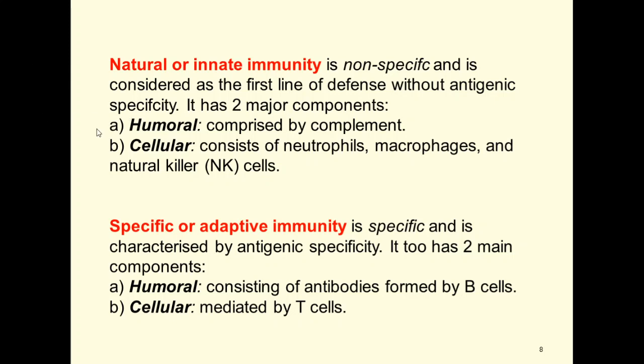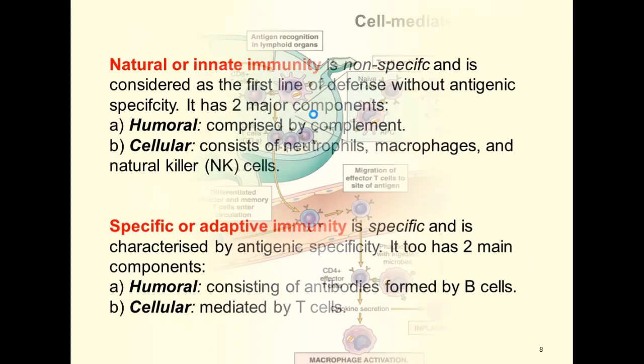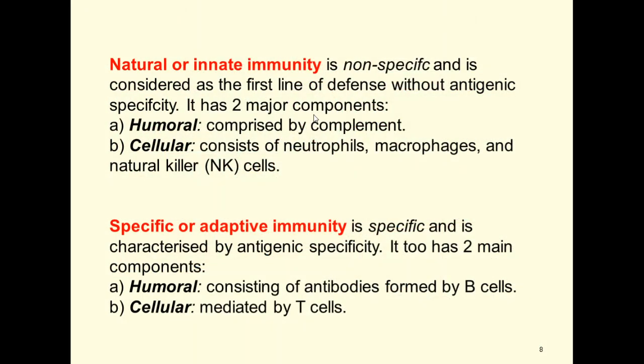So, the humoral component of the innate immunity is mainly complement. The cellular components are neutrophils, macrophages, and natural killers. Specific immunity also has two types or subtypes, humoral and cellular.